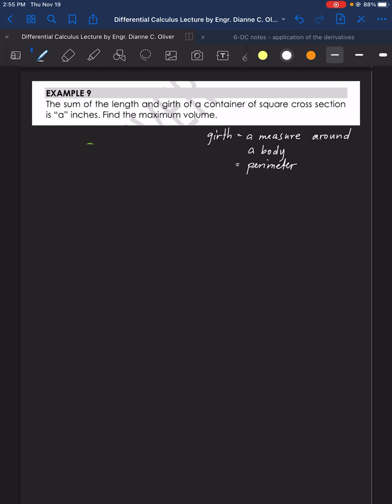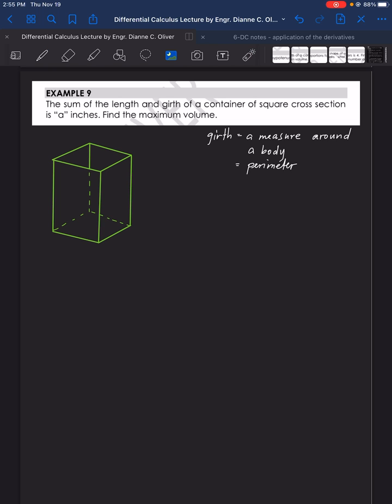So the sum of the length and girth of a container of a square cross-section. So imagine the container with a square cross-section is 8 inches. So we can have this figure.